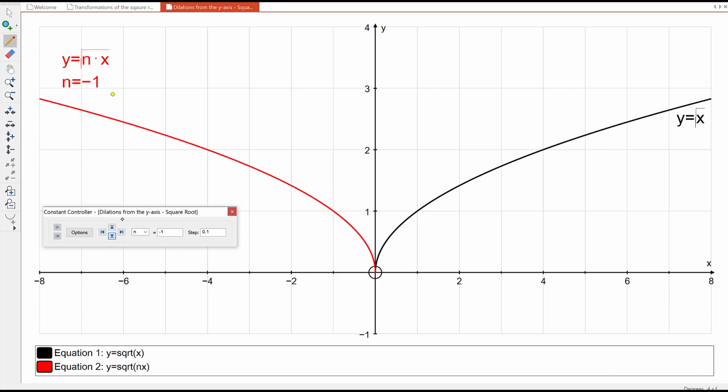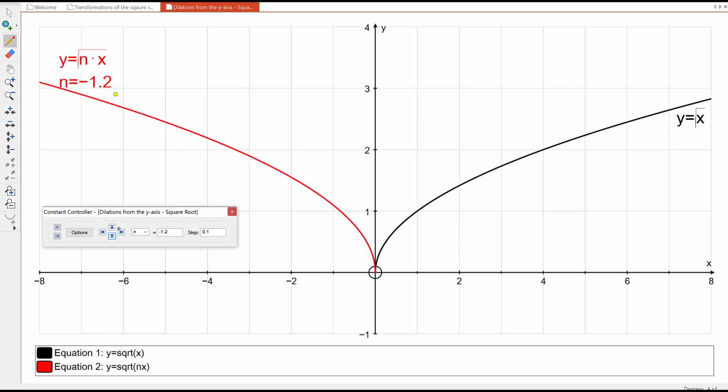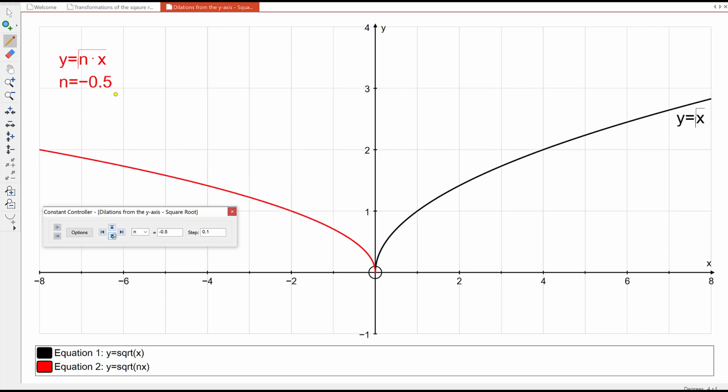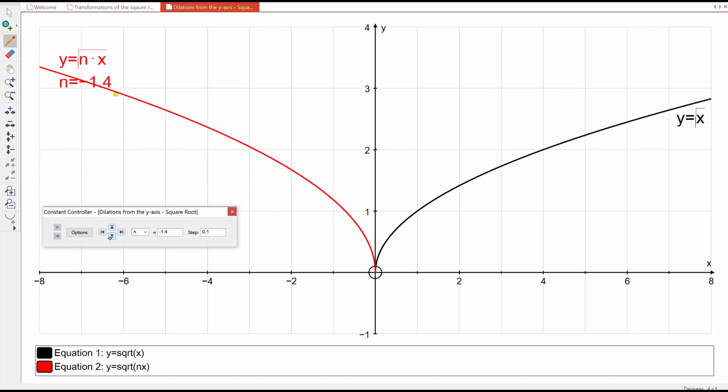So if n is -1, we're looking at the square root of -1 times x, so the square root of -x. If n is negative something other than 1, we have both a dilation from the y-axis and a reflection in the y-axis happening. So the negative is about the reflection, the size of the n value is about the dilation. But it's not dilation by a factor of n, it's dilation by a factor of 1 over n, the reciprocal.